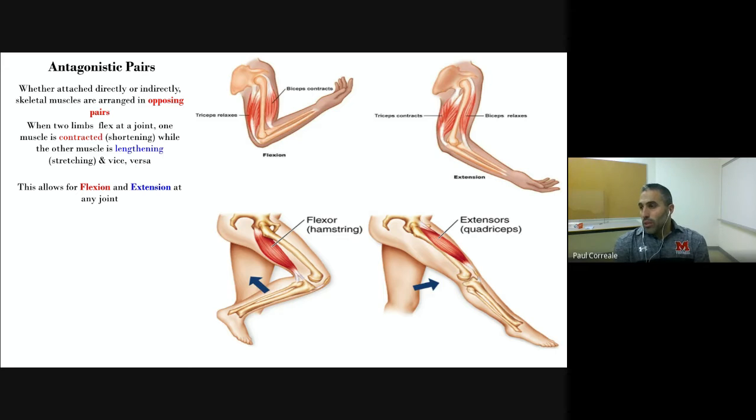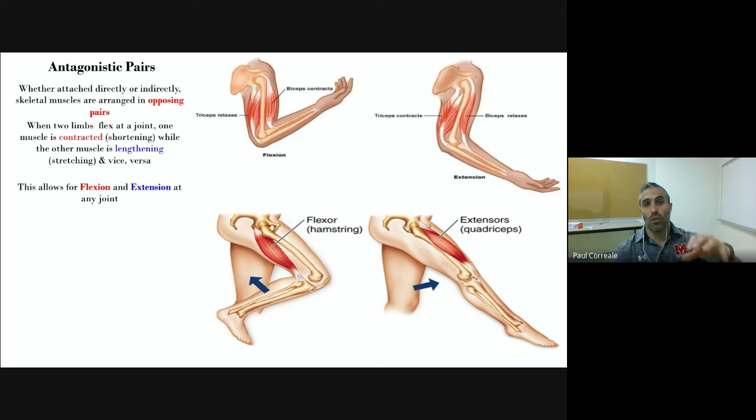For some sports and activities, it may be beneficial at some point to have both these antagonistic pairs, these opposing pairs, in flexion. If I think of soccer, if we wanted to kick the ball or make a nice long hard pass, it's to the benefit of the player to stiffen their ankle.